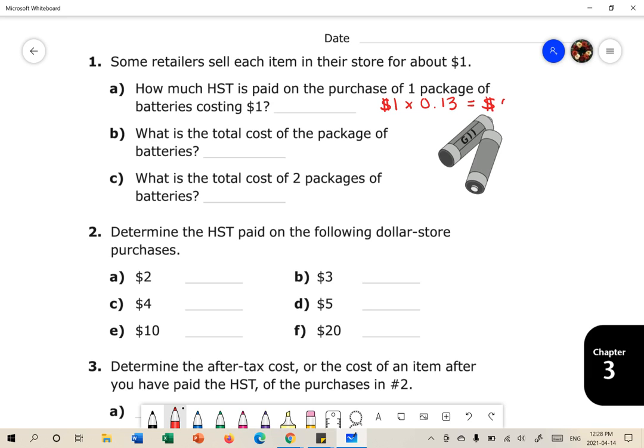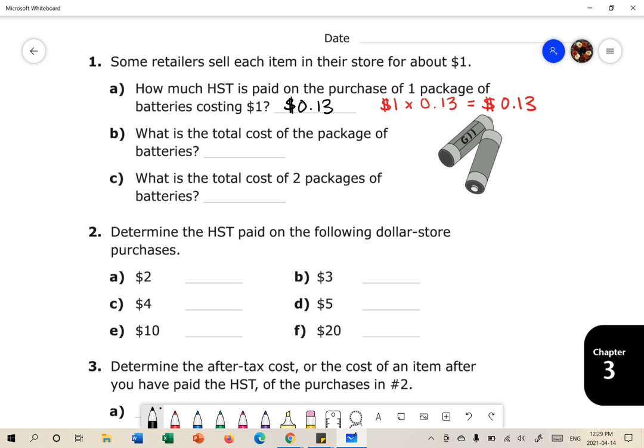That means that, and you get 13 cents. So the HST for a $1 item is 13 cents. What is the total cost of the package of batteries?